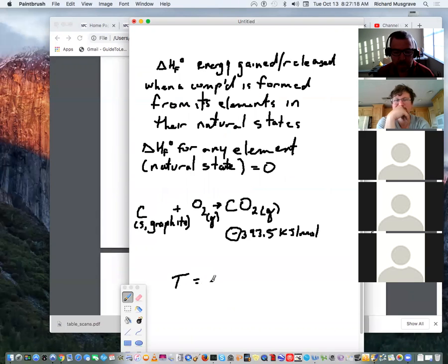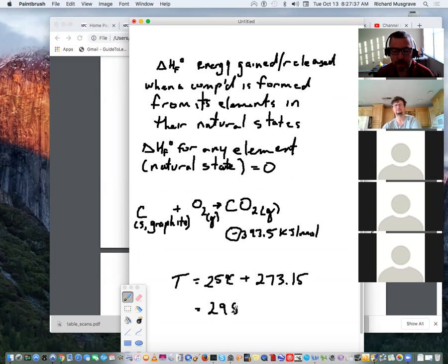So the temperature is going to be 25 degrees Celsius plus 273.15, right? That's to get into Kelvin. Now this is an addition. There's no places past the decimal, so it comes out to be 298 K. Is that okay? Yeah. Okay.